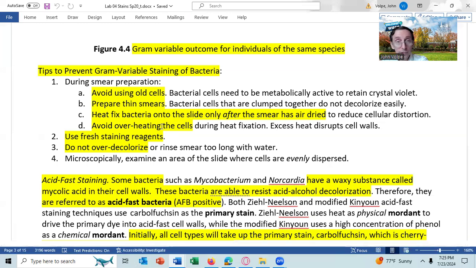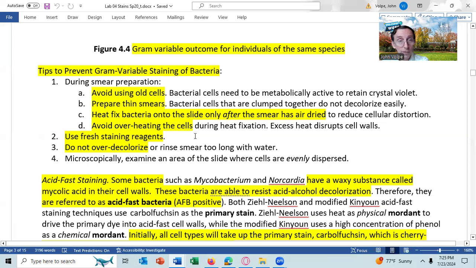Heat fix the bacteria onto the slide after the cells have air dried. If you don't air dry the cells, then you heat fix the cells, you'll get the water to evaporate, boil, and that will create holes in the cell wall, which may allow the crystal violet iodine complex to wash out of the cell wall when it shouldn't.